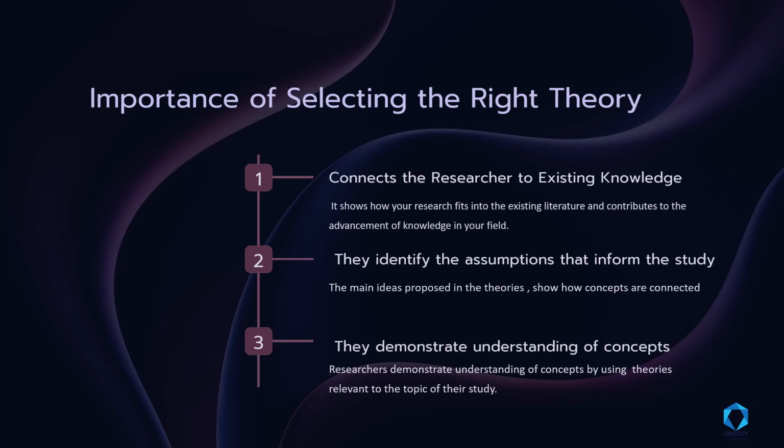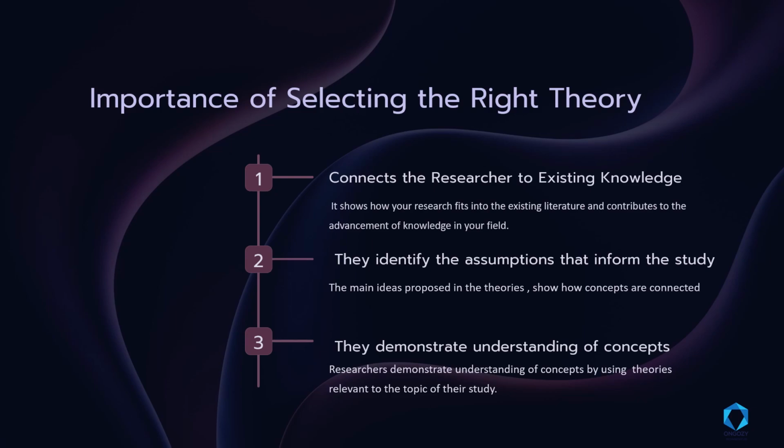Okay? Number two, why should you select the right theory? Because that theory identifies assumptions that inform the study. So the main ideas proposed by that theory, they show us how the concepts in your research paper are connected. All right?